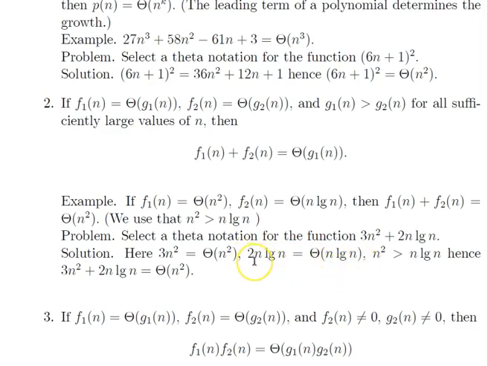The constant factor doesn't matter according to our definitions. And because n squared grows faster than n logarithm of n, the sum will have growth theta n squared.